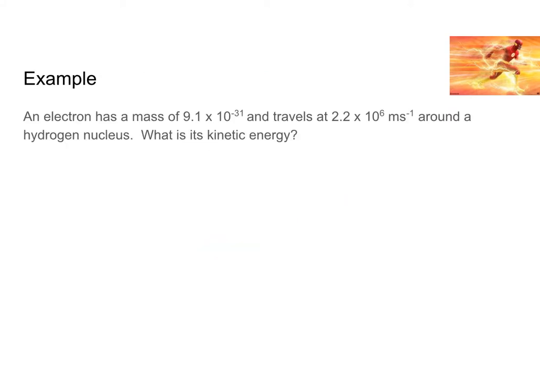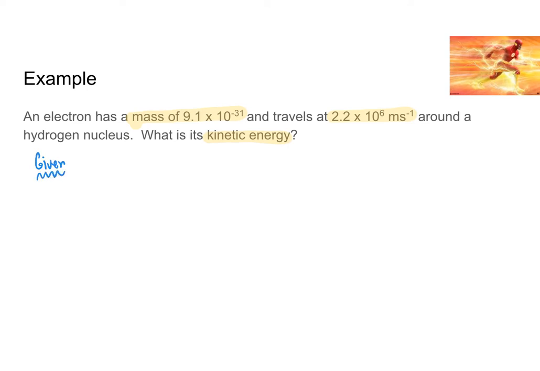So here's an example. An electron has a mass of 9.1 times 10 to the -31st kilograms and travels at 2.2 times 10 to the 6th meters per second around a hydrogen nucleus. What is its kinetic energy? So let's go ahead and go through the GUESS method.